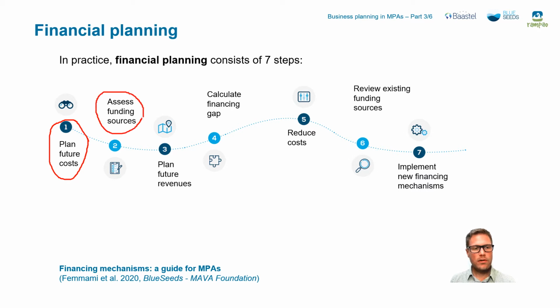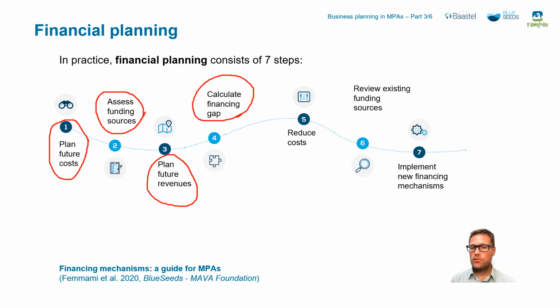The second step is to assess your past and present sources. Third step, you need to plan your future revenues, and if the difference between your costs and your revenues is positive, it means you have a financing gap.